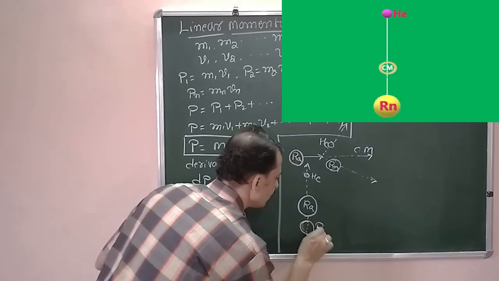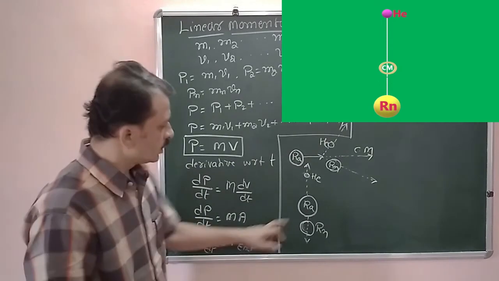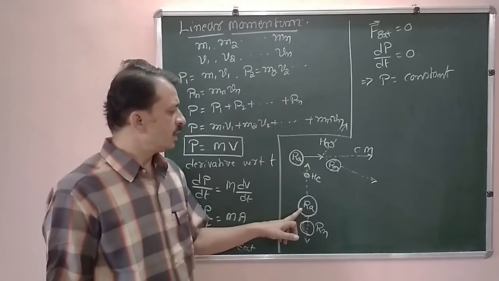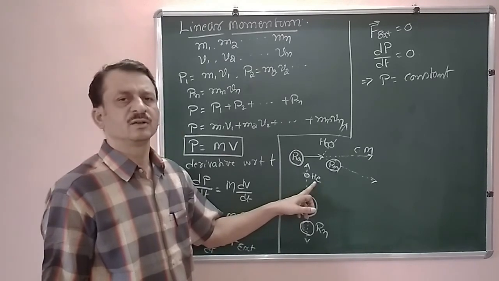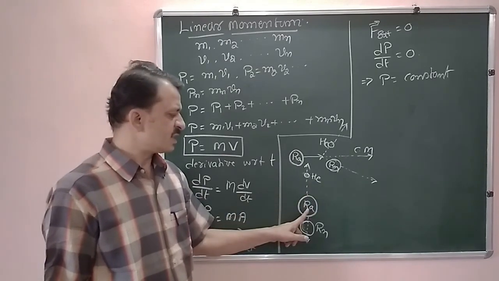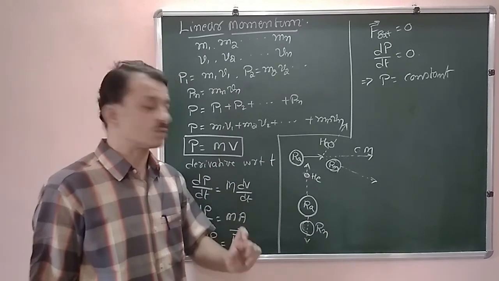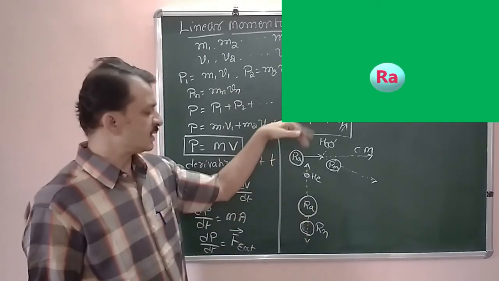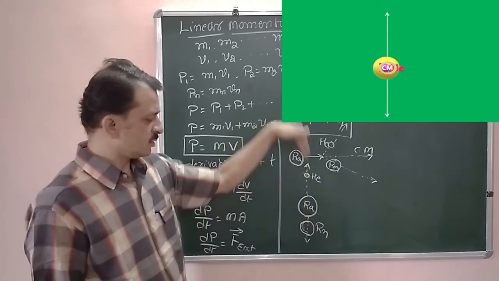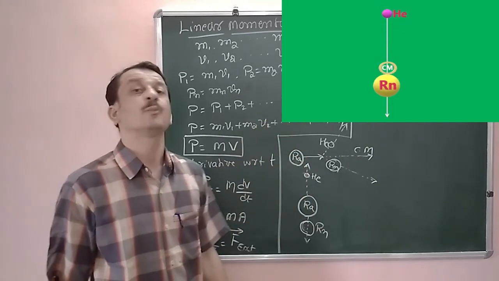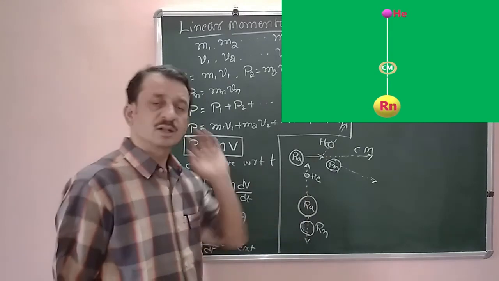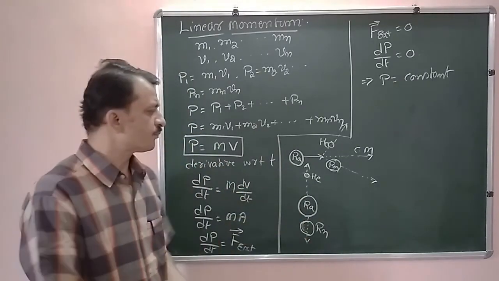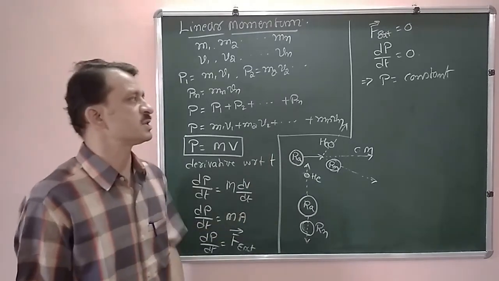This is radon. Now this radium, which is at rest, emits an alpha particle. Since it is at rest, the momentum should be conserved. Therefore, one particle moves in the upward direction and the other particle, the radon, moves in the opposite direction, so that the center of mass of the particles remains at rest. Now these are the two important examples.